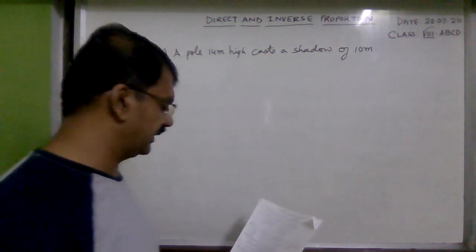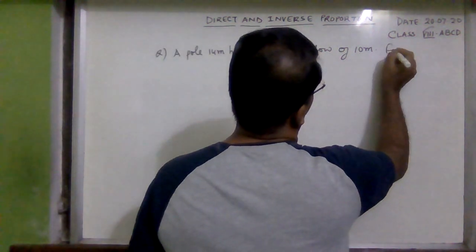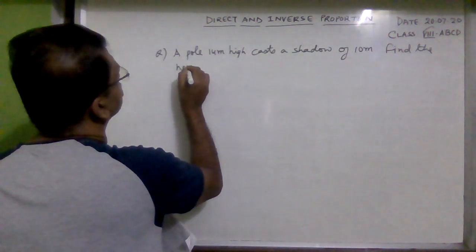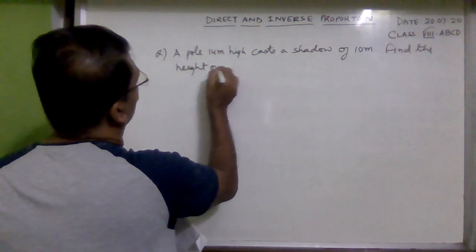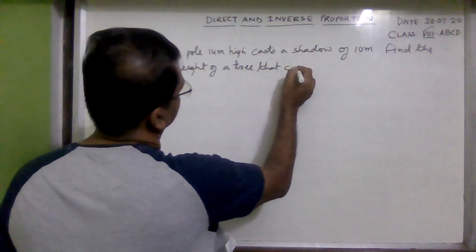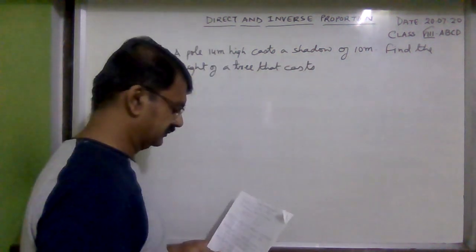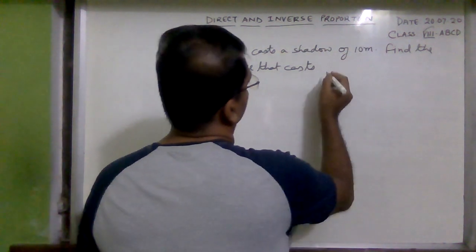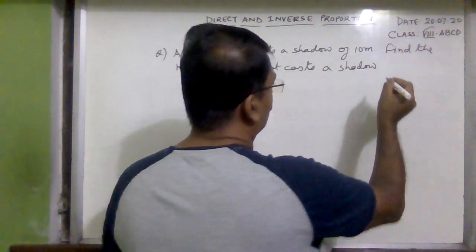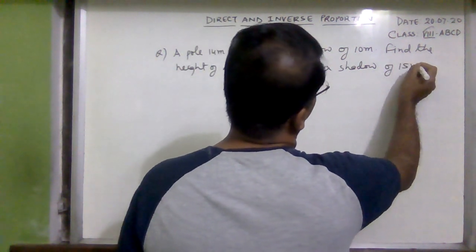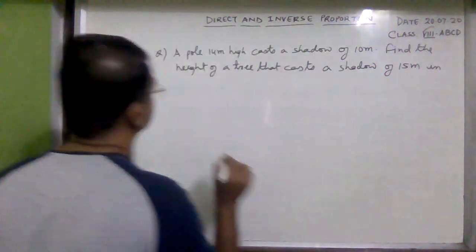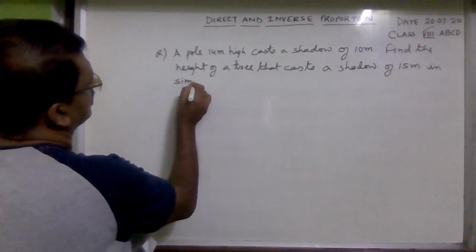Find the height of a tree that casts a shadow of 15 meters in similar conditions.